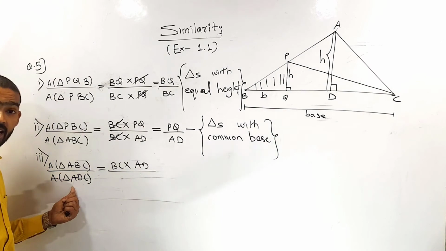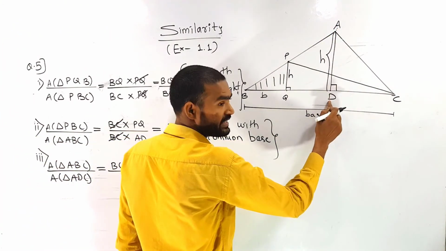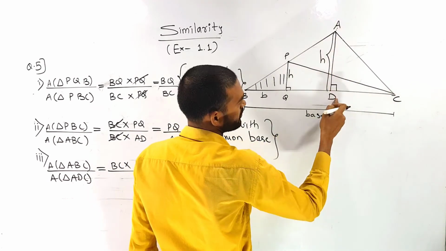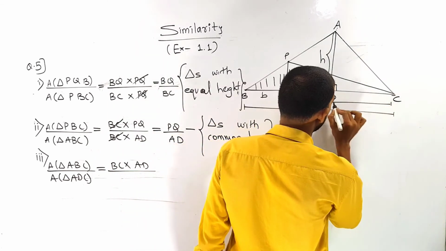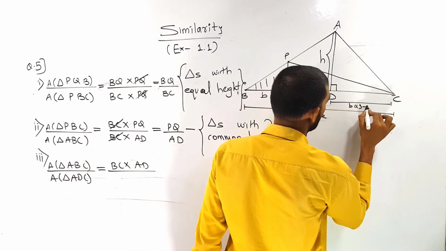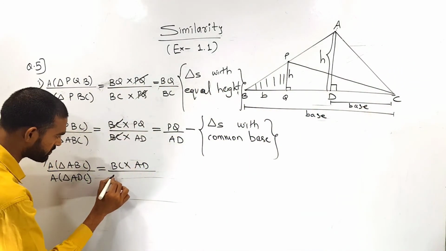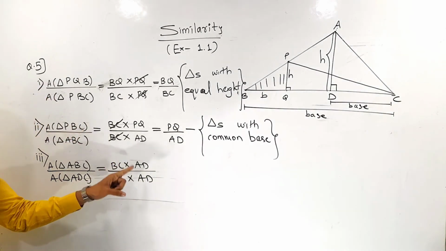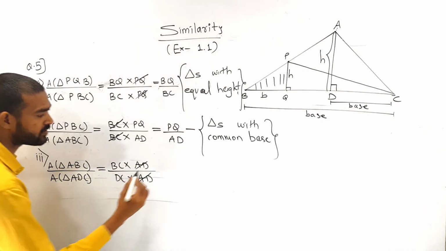Now another triangle, ADC. Let us check. In this triangle, what is the height? Height is the same, AD. But what about the base? This time, my base is this. What is it? It is DC. So my base is DC and height is AD. Something common? Yes. AD will get cancelled.